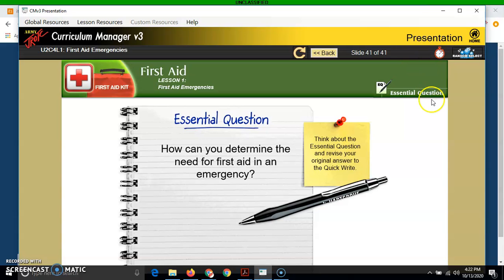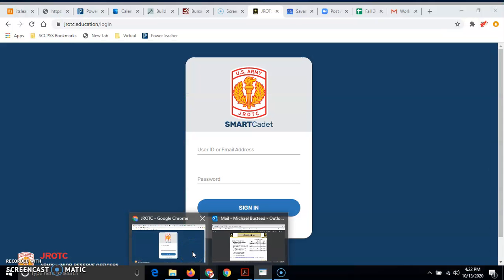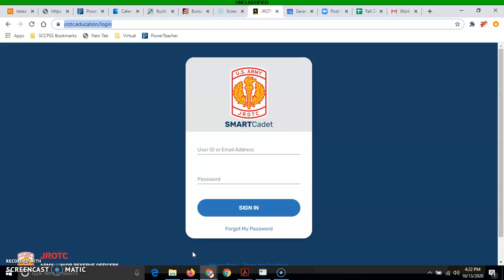I will tell you that in It's Learning, I'm going to direct you to a new website, and it's going to be this JRTC Smart Cadet. You will use your school email to log in, and I'll have the information about the passwords and everything else.